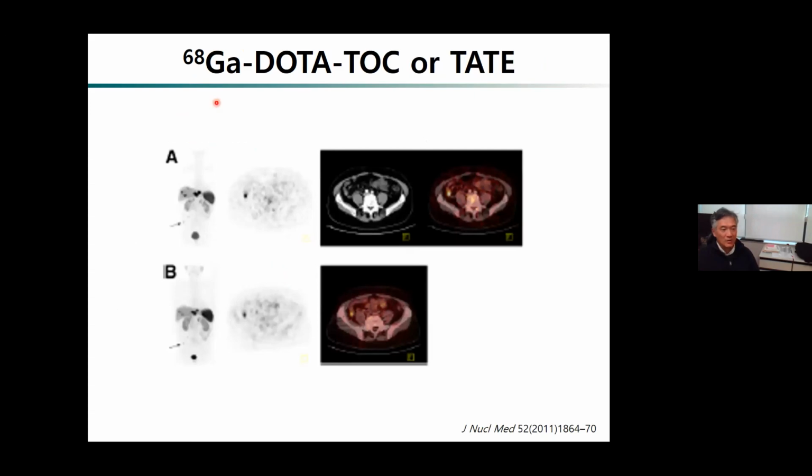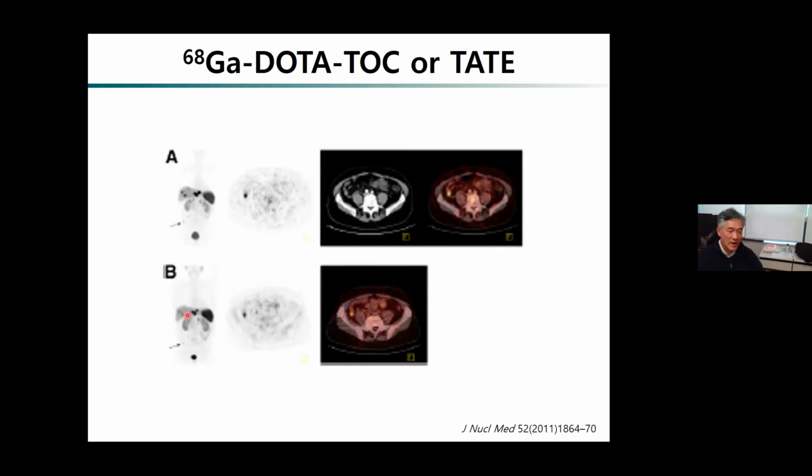But gallium DOTATOC and gallium DOTATATE have a slightly different biodistribution in the same patient. Because of that, somatostatin receptor has several different subtypes.